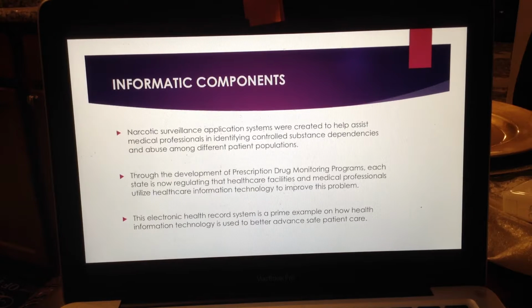Once data is entered, it should be available within seconds. It shows medications, controlled substances between categories 2 and 4, and it must be available to all healthcare providers who are able to prescribe that medication.